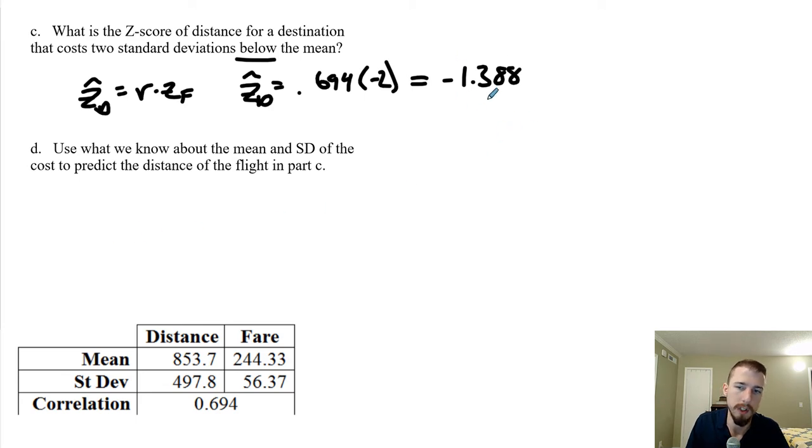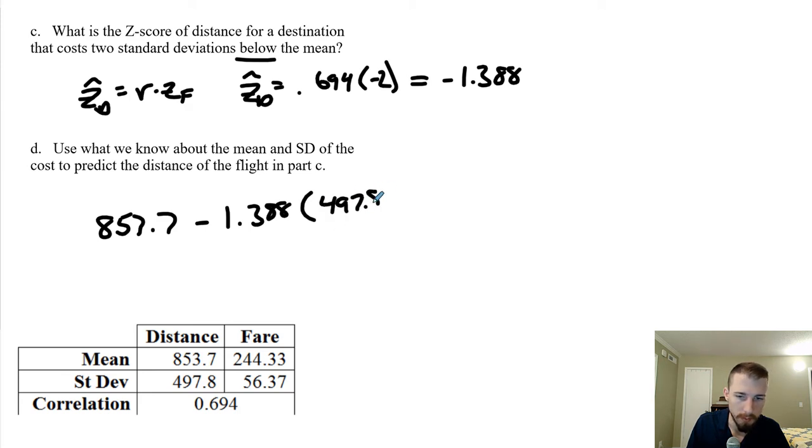Okay, cool. Use what we know to actually find that value. So this is how many standard deviations we're going to go below the mean. So we are calculating the distance here. Okay, so from the mean distance, it's going to be 853.7 minus, because we're subtracting, the 1.388 times the standard deviation for the distance, which we said was going to be 497.8.